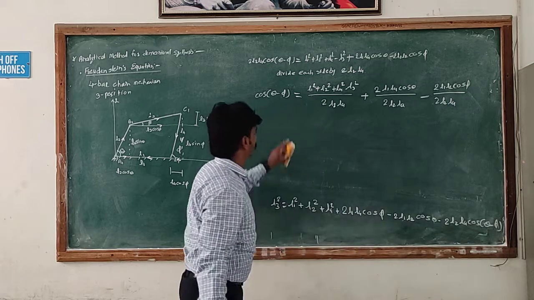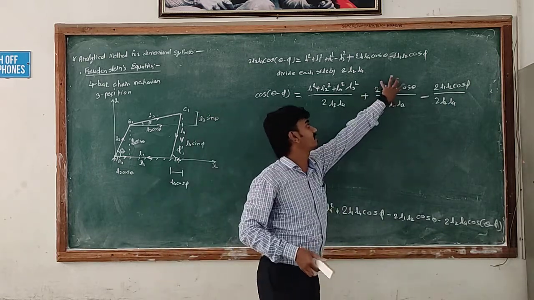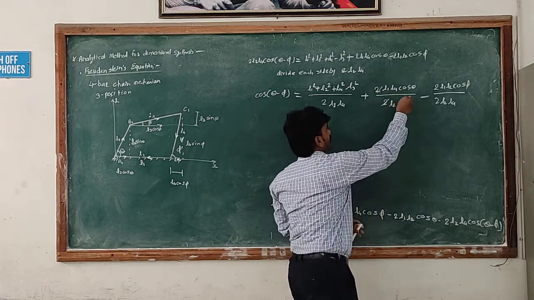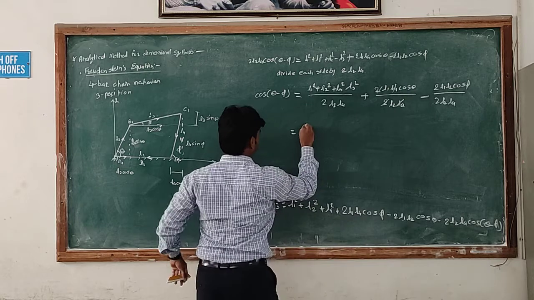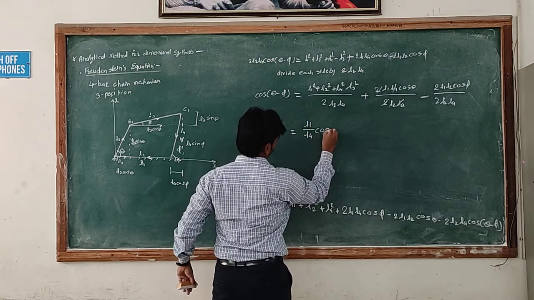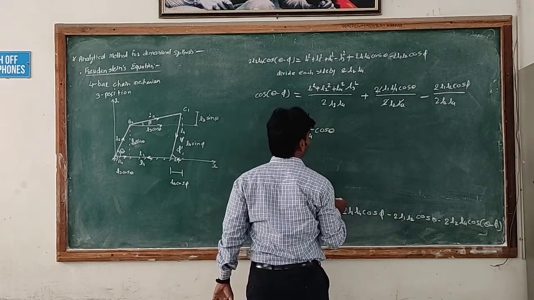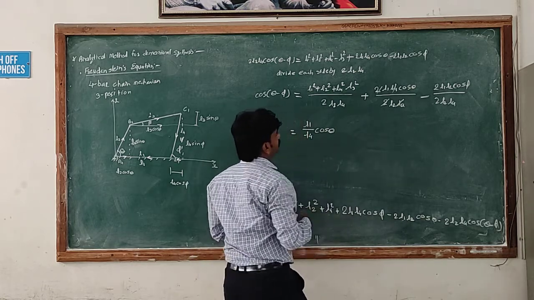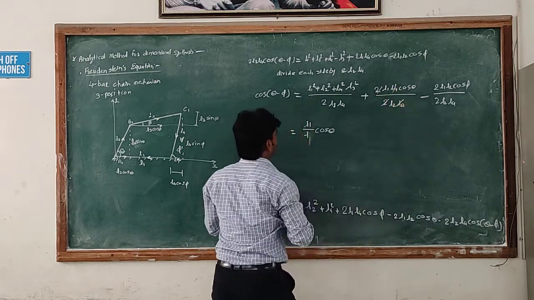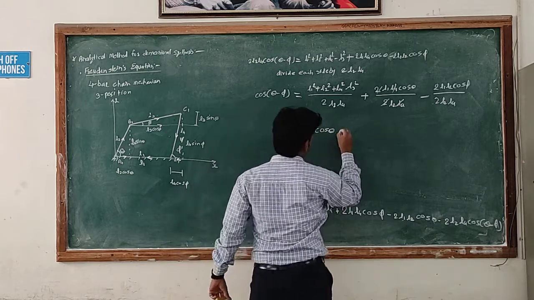Okay. So here first of all we will write this term. The 2 gets cancelled, L4 gets cancelled. So it is equal to L1 upon L2 into cos of theta.